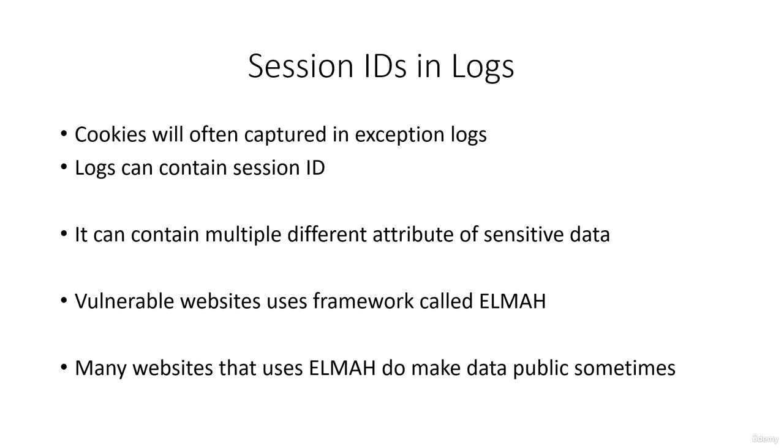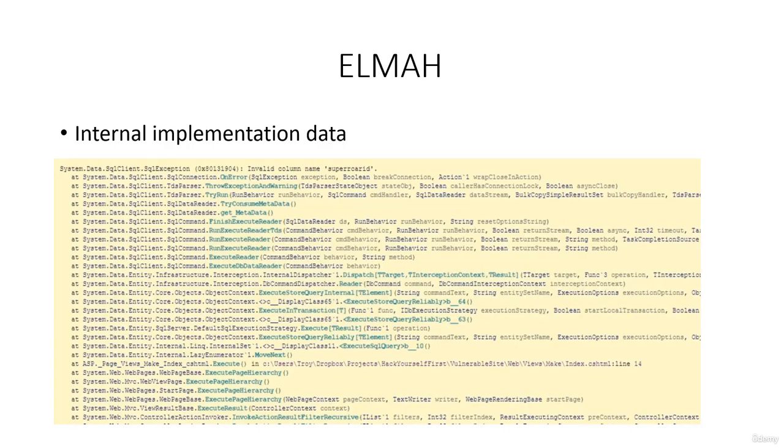Now many vulnerable websites use a framework called ELMAH, the error logging modules and handlers, and you can come across an exposed ELMAH. Many websites that use ELMAH do unfortunately make the details public.